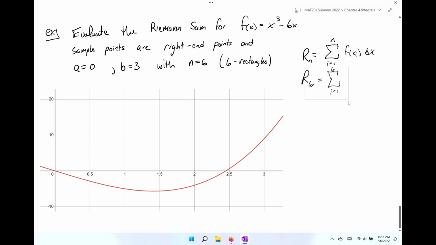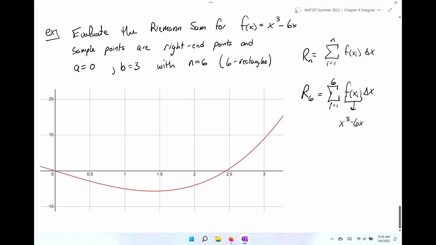Let me try to move this down a little bit here so it looks better. There we go. Of f of x i delta x. Now, we know f of x i. That is nothing more than just x cubed minus 6x.